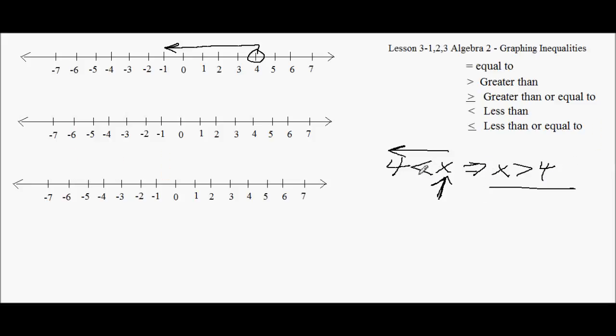And so this statement and this statement are the same thing. Now I got the 4, and it's greater than, so it's going this way. So that's a very important part. And notice too that this arrow and this arrow are pointing the same way.